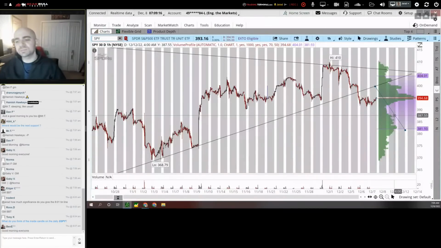It could be a back test of our trend line, and at that point, looking around SPY 380 makes a ton of sense, both technically relevant, volume profile relevant, and if a back test forms, it would be measured move relevant. It actually would reflect the extension to the downside.